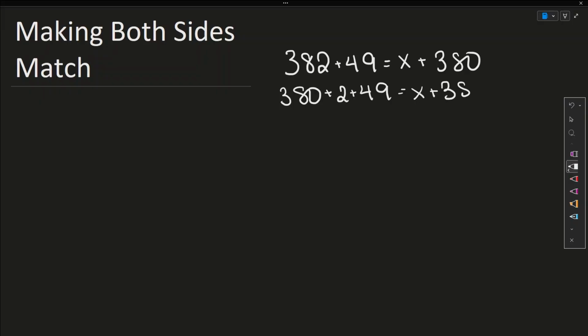382 plus 49 is equal to x plus 380. Notice that 382 is 2 more than 380. So this left side has 380 plus 2 plus 49, and that should be equal to x plus 380.